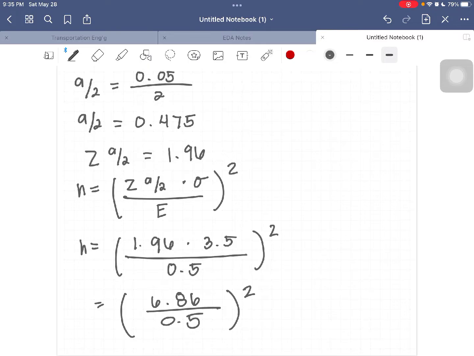So, kapag napag-divide mo na yan, ang kalalabasan niyan ay 13.72. I-raise natin sa 2. So, ngayon na napag-divide na natin yung loob, i-raise naman natin yung nakuha nating sagot sa 2. At kapag ni-raise natin yan, ang makukuha natin ay 188 samples. So, ang kailangan nating sample ay 188.